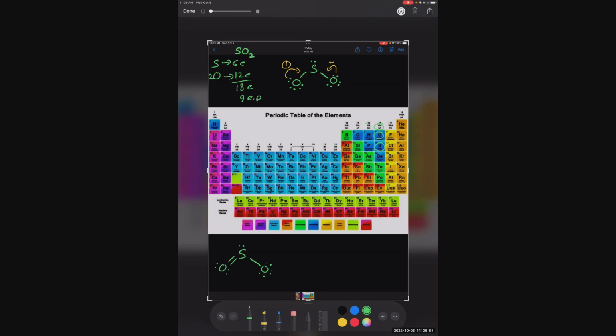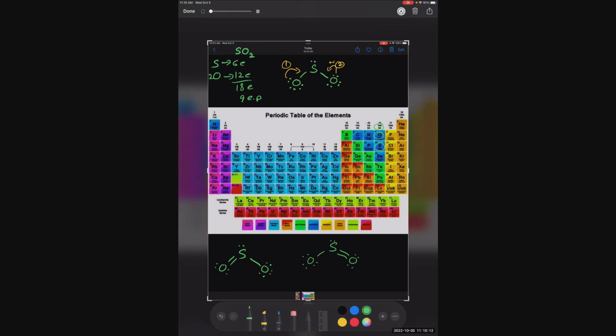But if we delocalize from the second possibility over here, then we are going to get this structure where we have the double bond on the other side. So these are two possible Lewis structures for the same molecule.